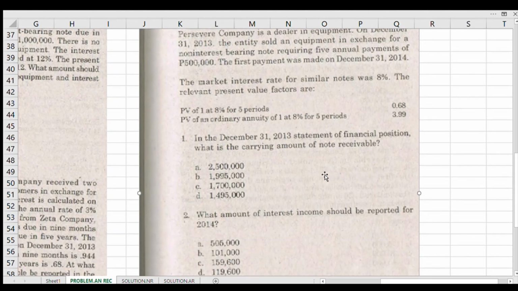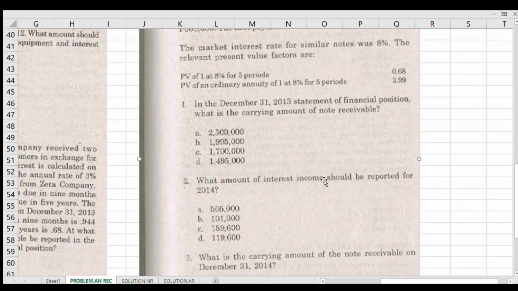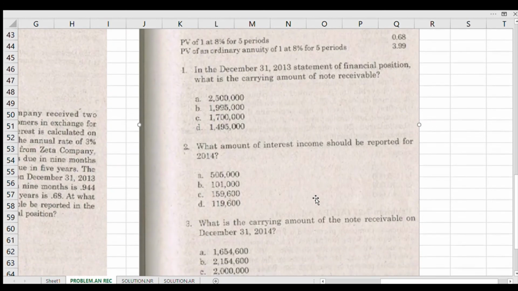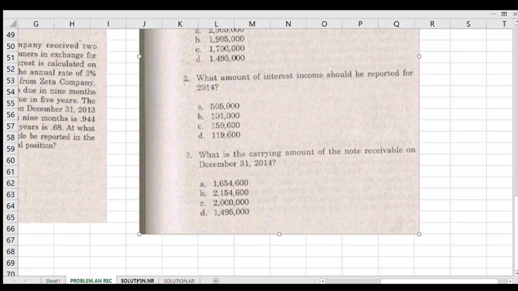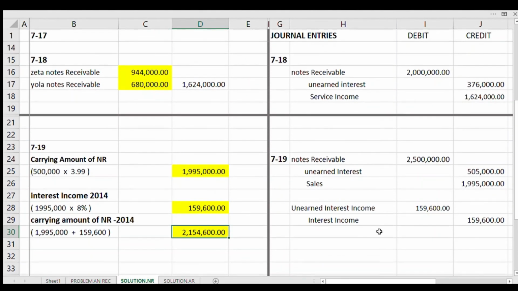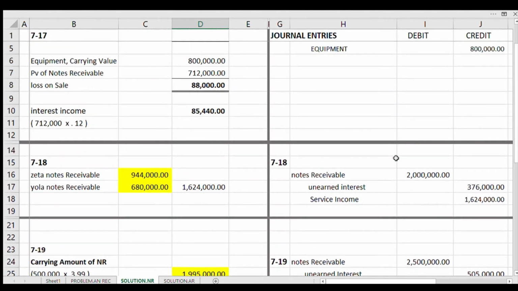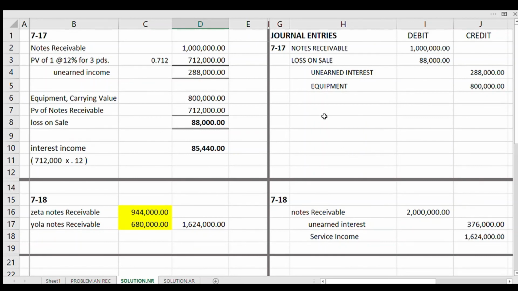It's going to be a quite simple problem for us. We answered all the 3 questions, and we also supplied the correct journal entries.